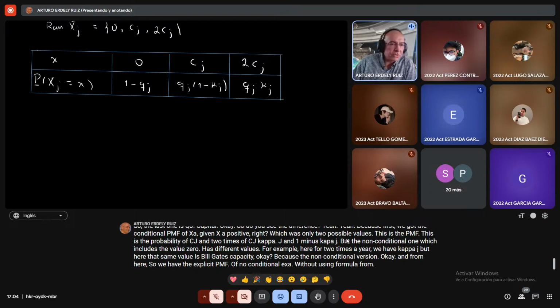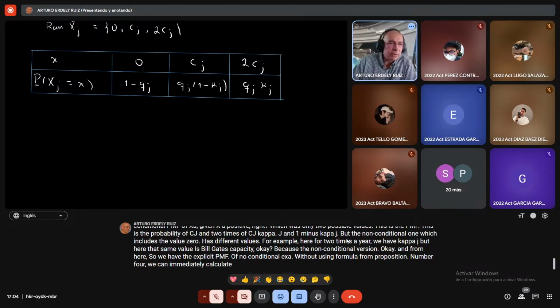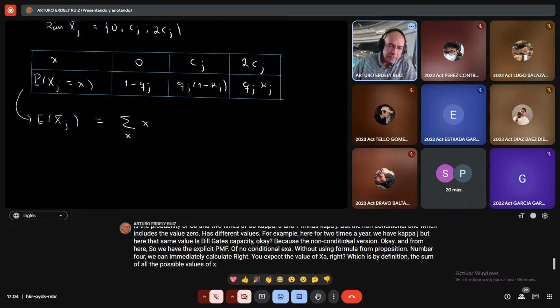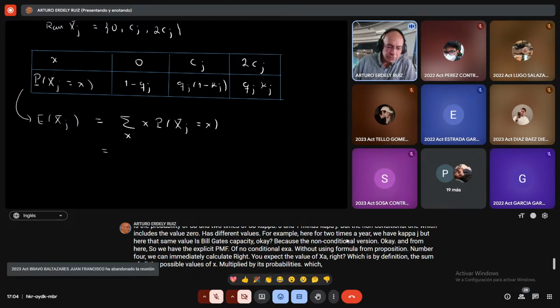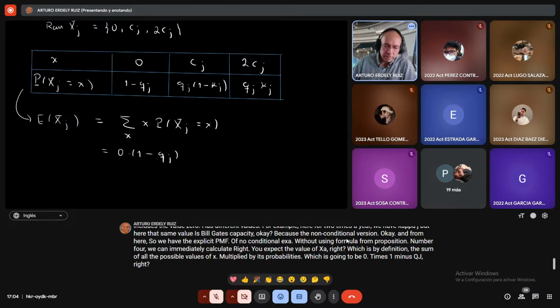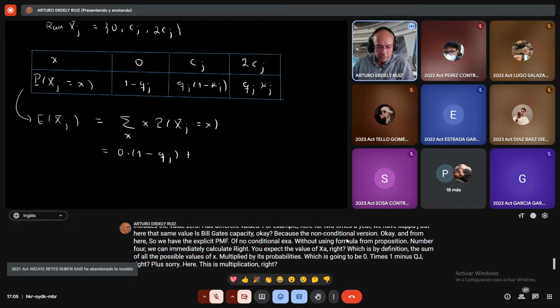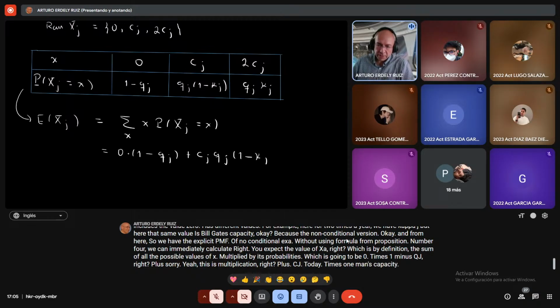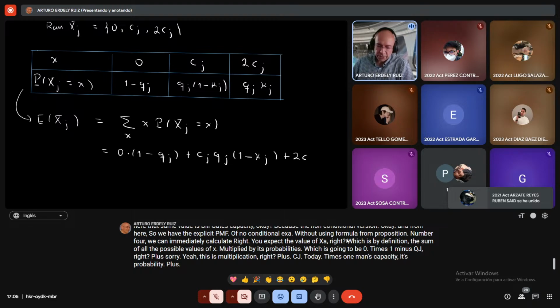And from here we have the explicit PMF of non-conditional xj. Without using the formula from proposition number 4, we can immediately calculate the expected value of xj, which is by definition the sum of all the possible values of x multiplied by its probabilities: 0 times 1 minus Qj, plus Cj times Qj times 1 minus kappa j, plus 2Cj times Qj kappa j, okay?